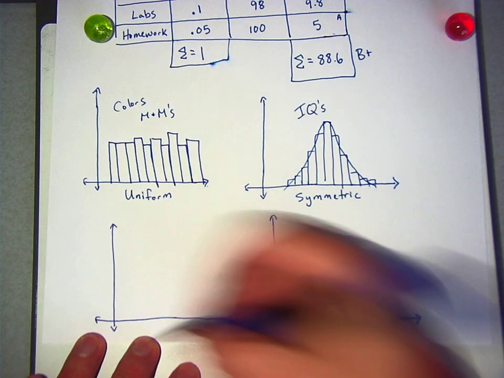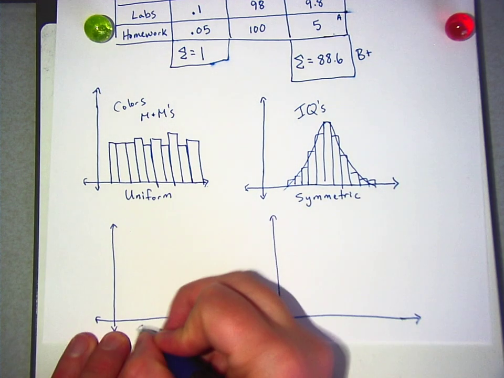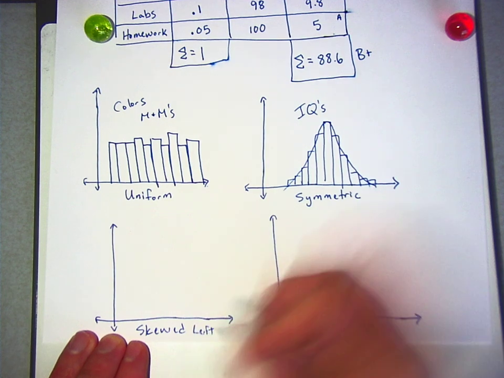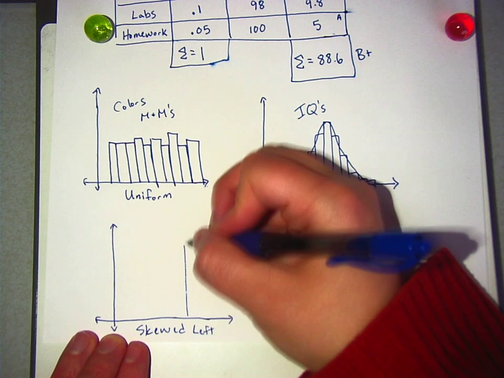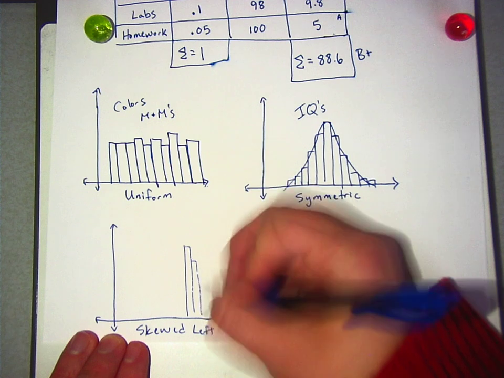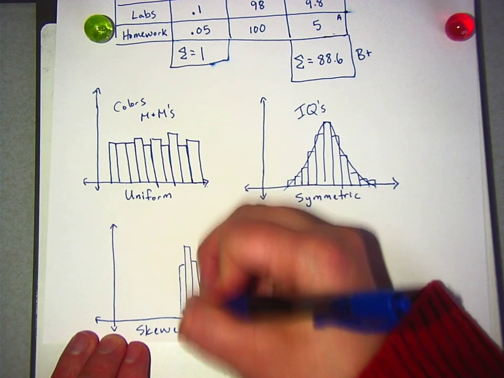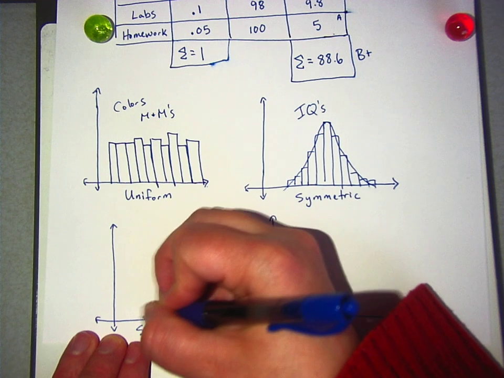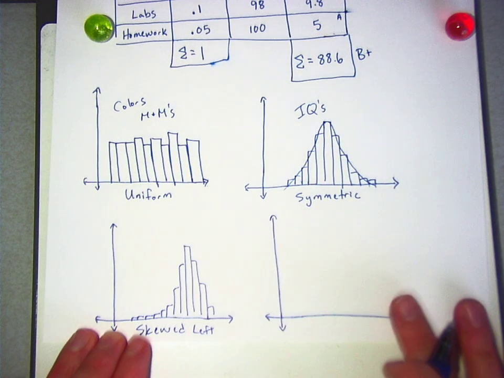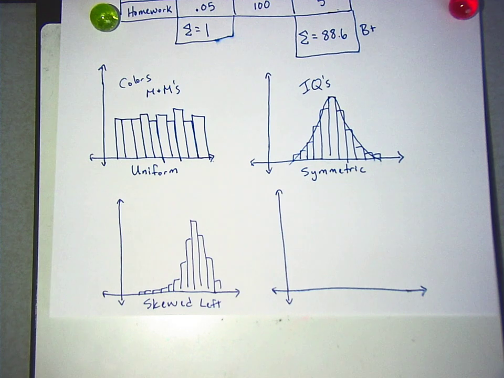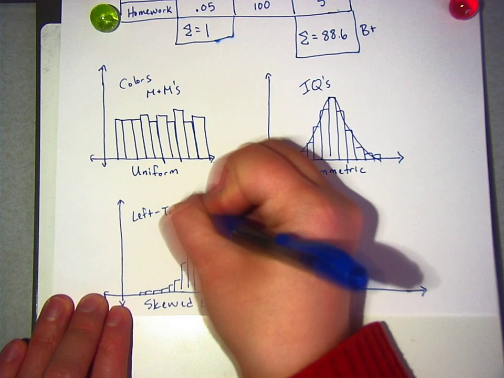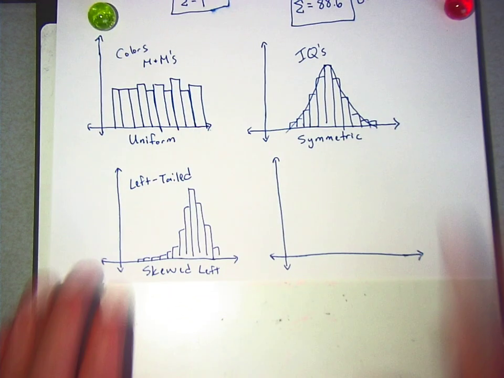Next one is skewed left. This also looks like a bell curve, except the bell part is kind of on one side, and then you've got a tail that leads off in this direction. This is also called left-tailed. Left-tailed or skewed left.